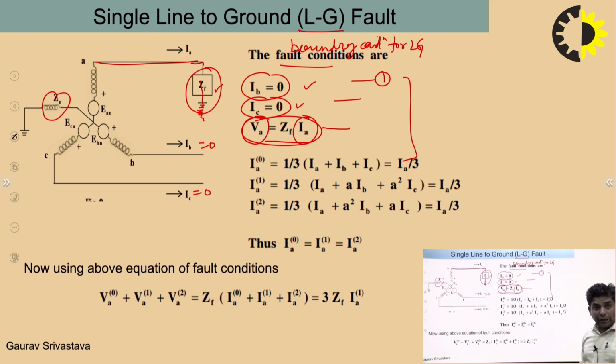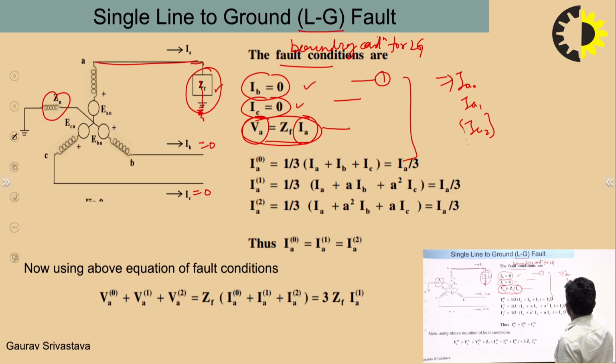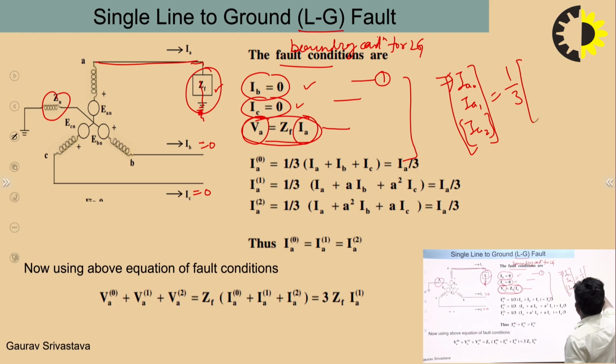Now we discuss the relationship between the symmetrical components and the phase quantities. We know that IA0, IA1, IA2 is equal to 1 by 3 times the matrix with rows 1 1 1, 1 alpha alpha square, and 1 alpha square alpha, multiplied by IA, IB, IC, the phase values given.